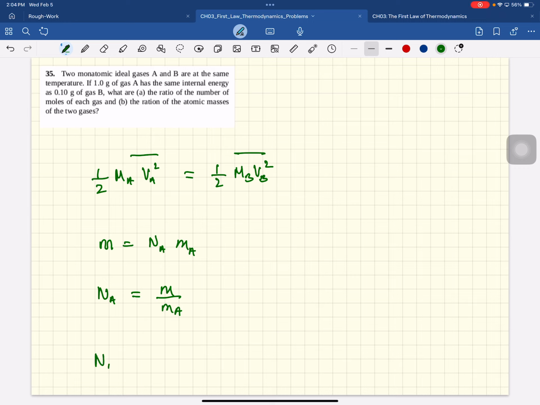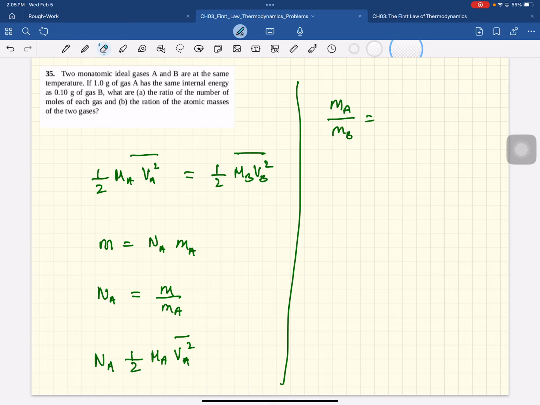So the internal energy of each gas is 1/2... Oh, I need a better notation.